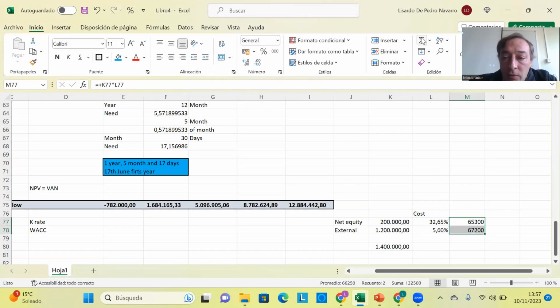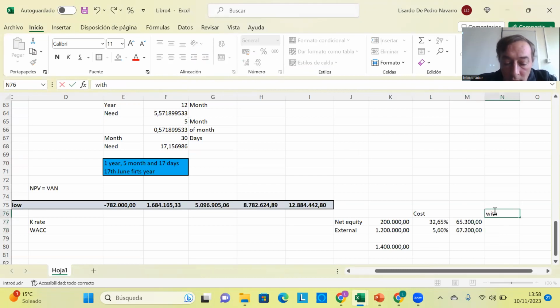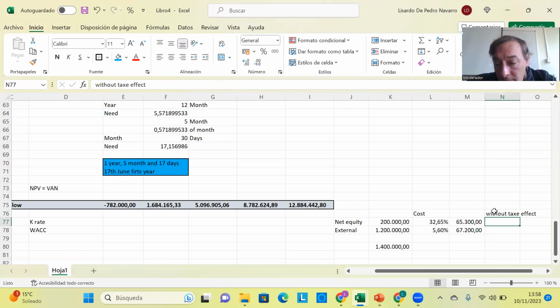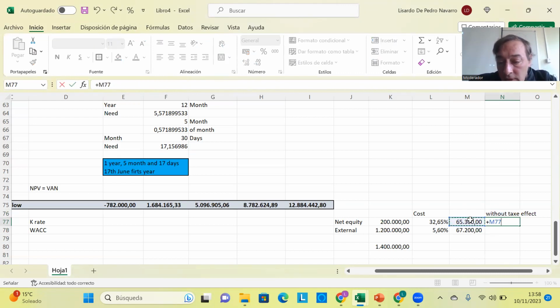And now we have to eliminate the taxes effect. So here, this one without tax effect, this one we have not say anything.